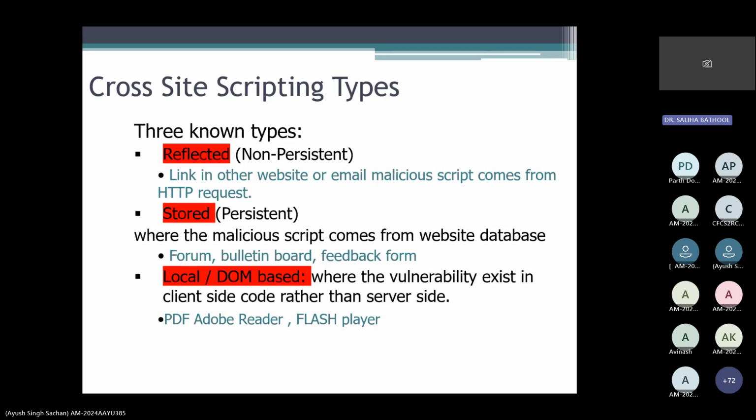For example, a forum, bulletin board, or feedback form, so that if you click it, it will prompt the malicious script. Then DOM-based, where the vulnerability exists on the client side rather than the server side. For example, PDF, Adobe Reader, Flash Player, which we all go through.